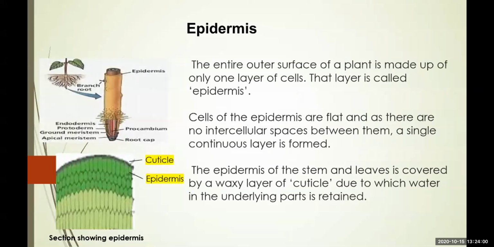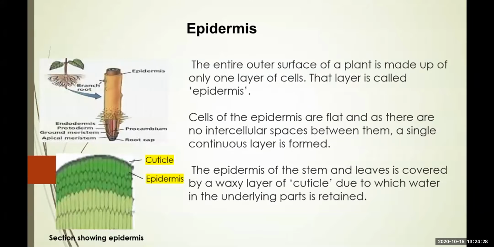As well, it also prevents the damage that would be caused to the internal tissues present in the leaf or the stem by the external harsh environment. So this waxy layer is protective in nature. A major function of epidermis is storage of food and providing energy to the plants to carry out different functions.